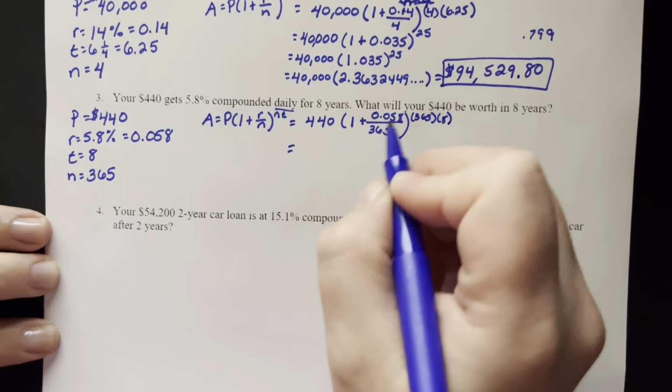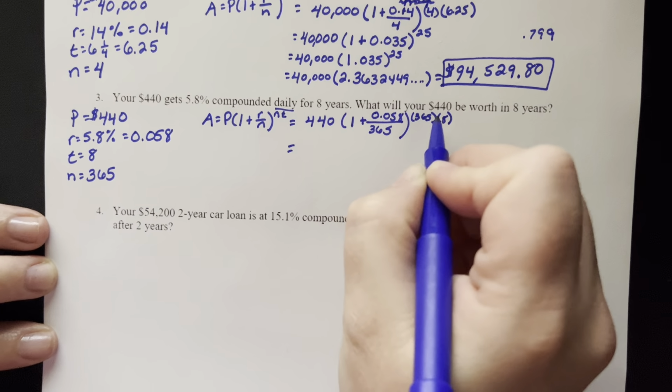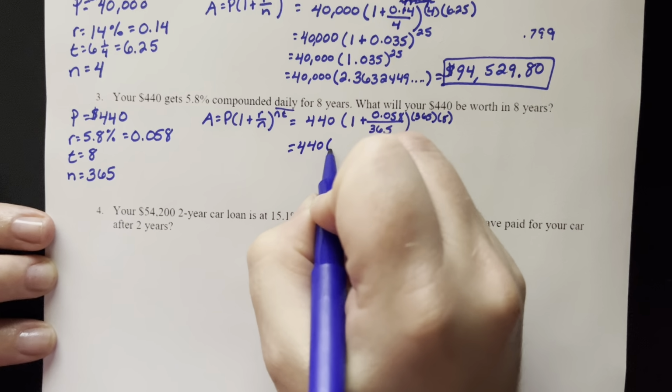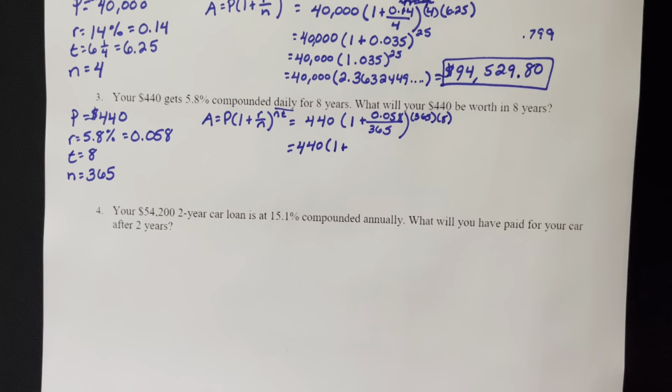Just like before, I'm going to do this division and this multiplication first separately. So the 440 hasn't been touched and the 1 hasn't been touched. So 0.058 divided by 365 gives us a really, really small number.